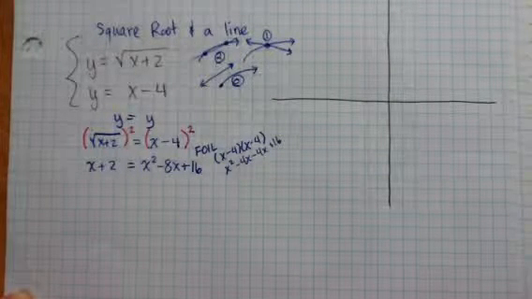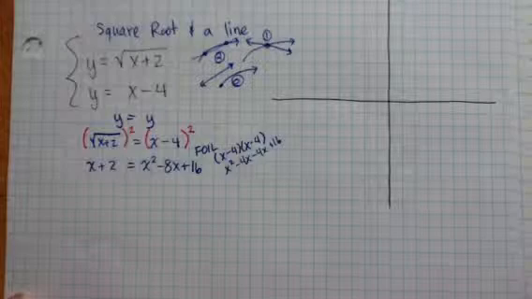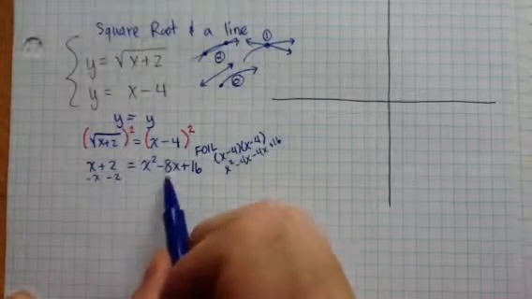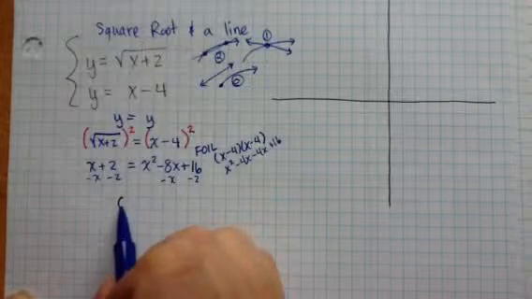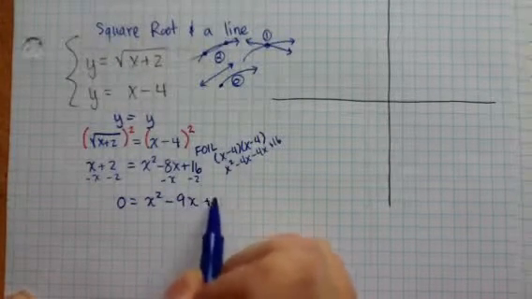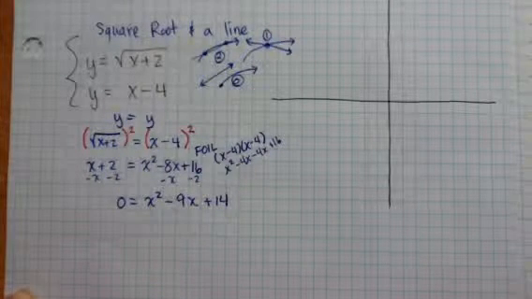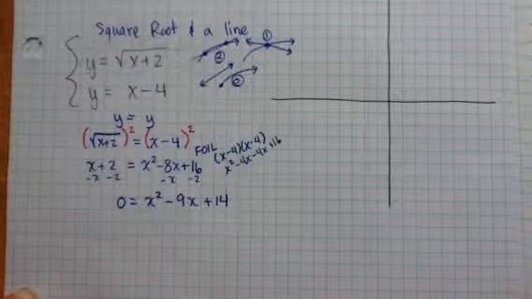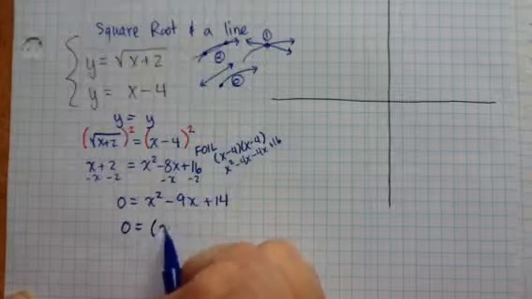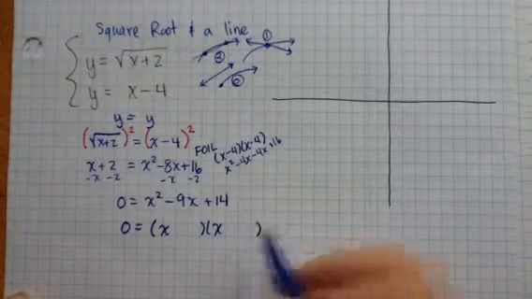Now this is one of those quadratic equations again. So let's see what happens when I move my x and my 2 over. Minus x minus 2. That gives me 0 equals x squared minus 9x plus 14. Let's see if we can factor that little guy. 0 equals, has to start in an x and an x.